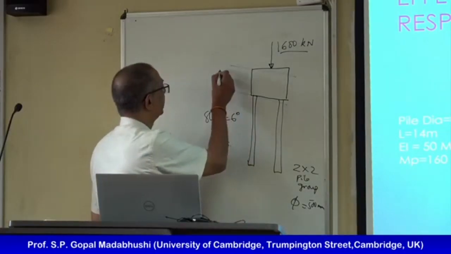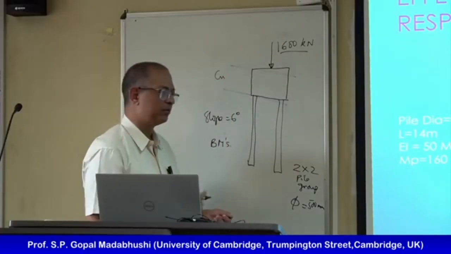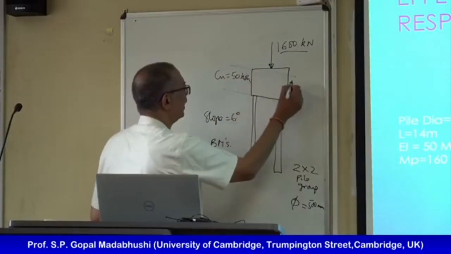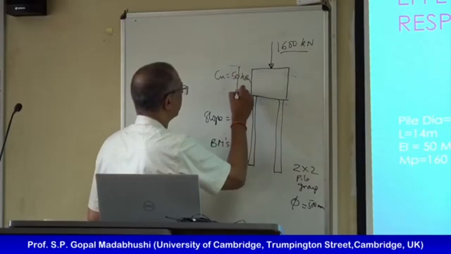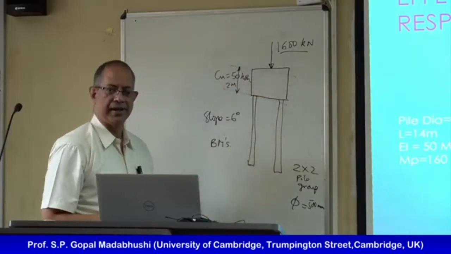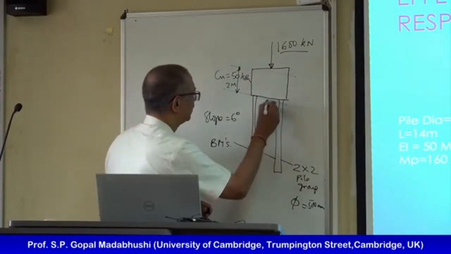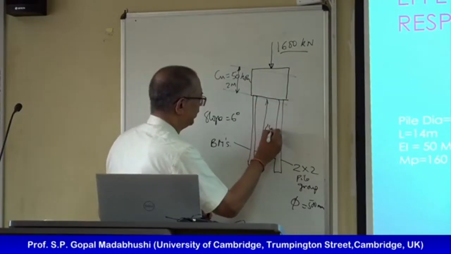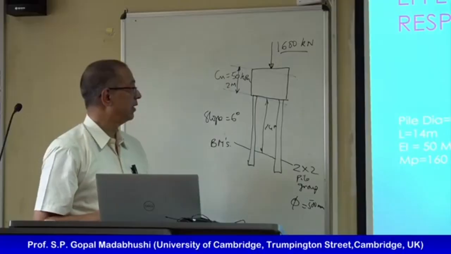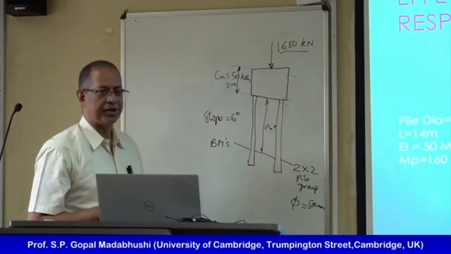Do you use Cu or Su for undrained strength? Cu is okay. Okay, Cu of 50 kPa, and the crust thickness is 2 meters. I'm going to call the liquefiable layer 14 meters to match that. 14 meters of liquefiable soil, 2 meters of crust on the top.